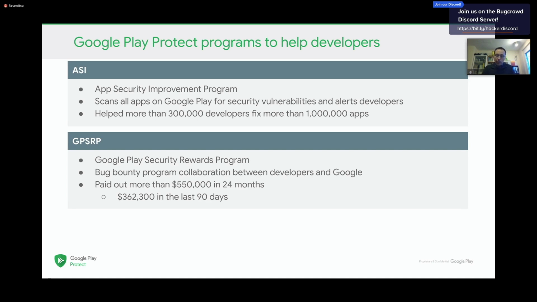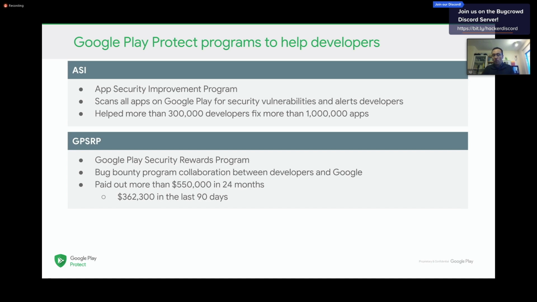Over time, we moved a little bit away from the super collaborative approach with developers, and we decided we don't have to partner with them. We're just going to declare that every application in Google Play that has more than 100 million installs is now in scope for our bug bounty program. Even if we don't have the collaboration from any of the top developers, they're still going to be in scope. We're going to triage the bounties, the tickets, the bugs, whatever you want to call it.